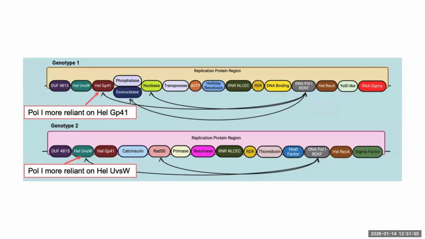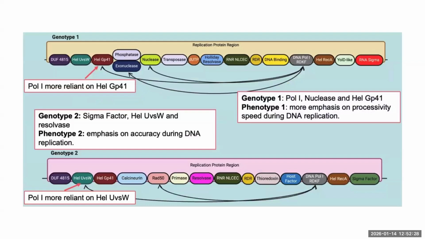And for example, if you look at this attention, polymerase 1 has a lot more dependence in this case on this helicase GP41, whereas the DNA polymerase here has more attention on this helicase UVSW. So in this genotype, they prefer this helicase, and in this genotype, they prefer this helicase. So both helicases are present in the genome, but we have differential preference across the two genotypes.